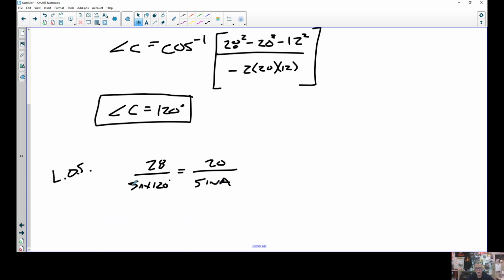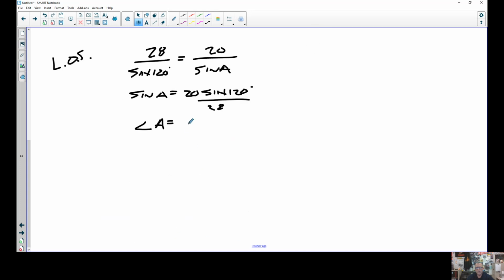So when we do that, we get sine A equals 20 sine 120 degrees divided by 28, which makes angle A equal to sine inverse of this quantity.